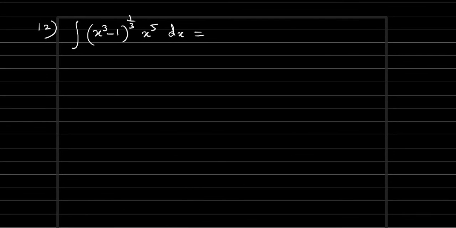So inside that power 1 by 3 I am going to assign it as t. So when we assign, let t equal to x cube minus 1. Now dt is what? dt is x cube differentiation 3x square, x differentiation dx, constant term differentiation 0. So dt is 3x square dx only we are getting.